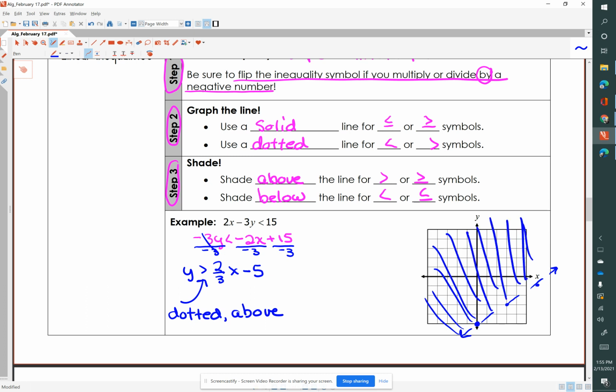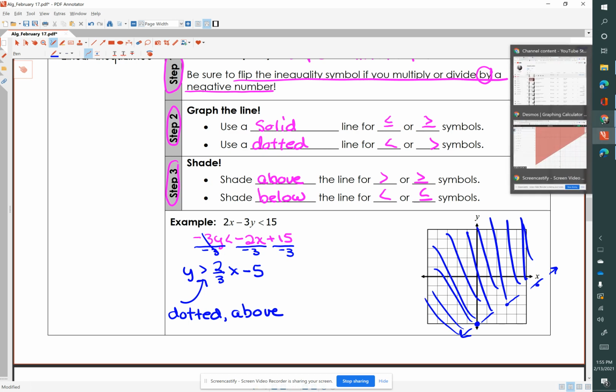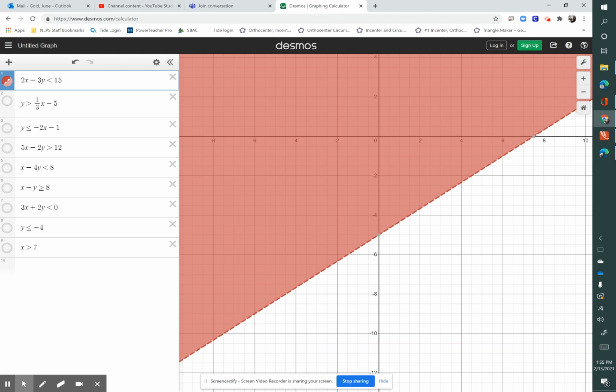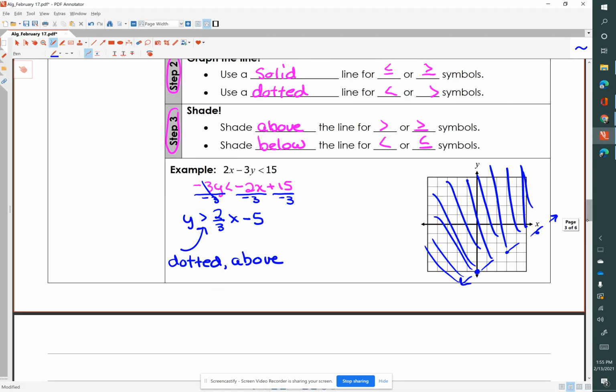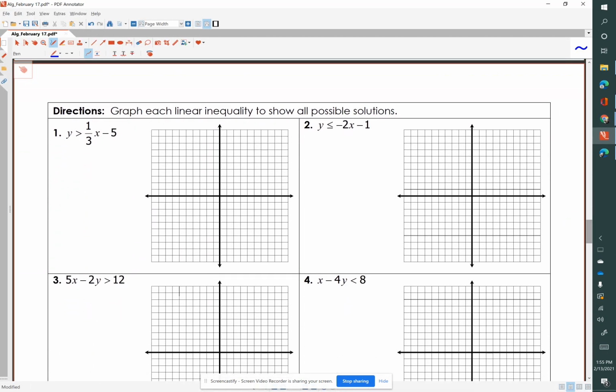And that's the graph. Now, again, let's compare that with the Desmos graph. The Desmos graph, of course, is much prettier, but it's the same graph. I hope you can see that. All right, let's move on. We've got 8 problems, and let's tackle those now.